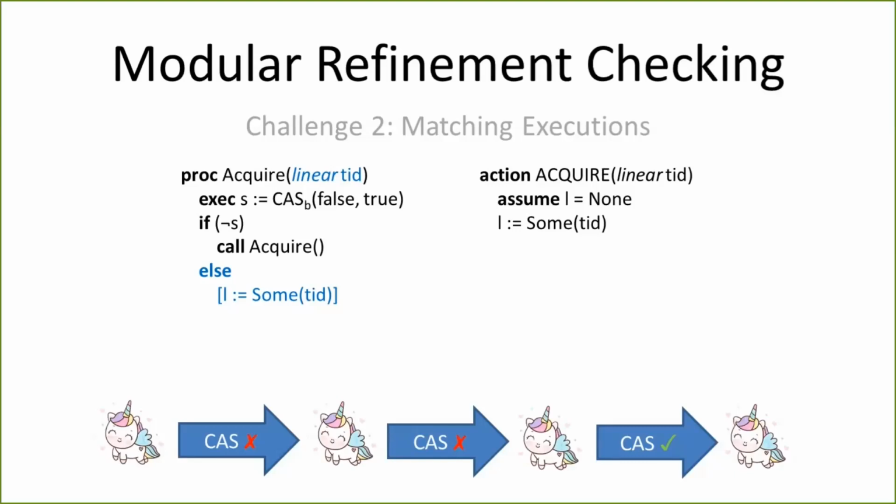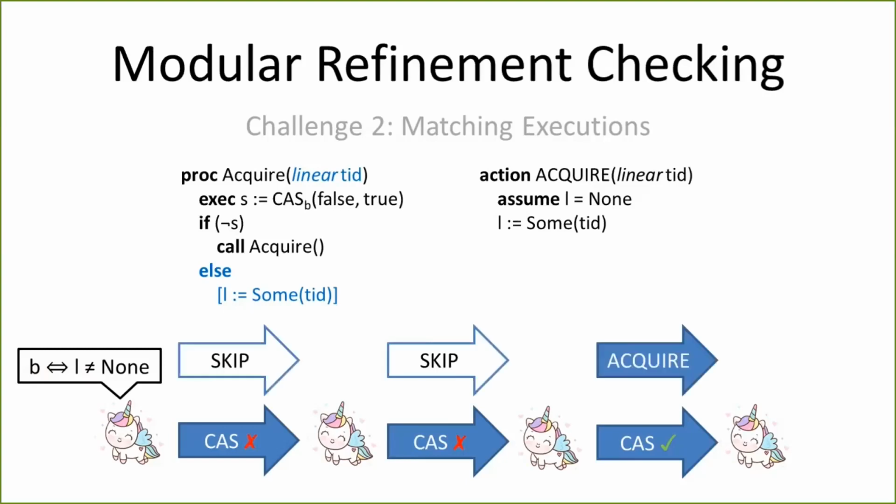For this example, the desired invariant is that the low-level lock variable b is set to true, representing that the lock is held, exactly when L is set to some thread ID, or conversely, when the low-level lock is not held, meaning that b is false, then the L variable is set to none.